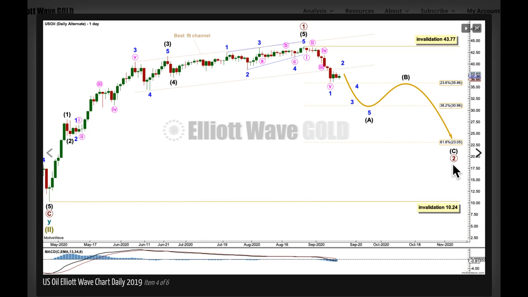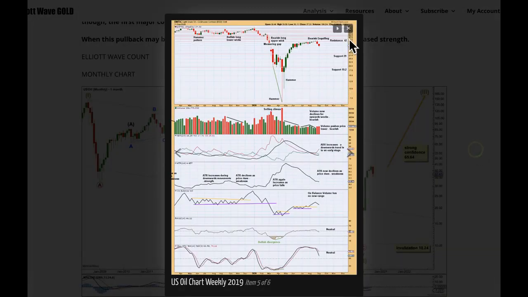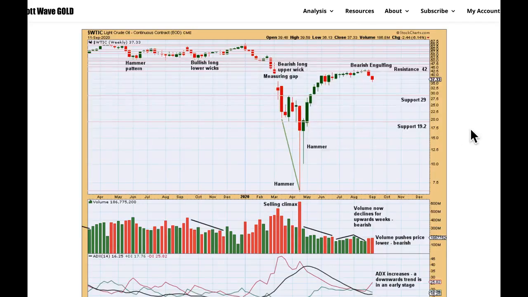And rather than just making a note of this in my text analysis for you, I wanted to show you what it looks like at the daily chart level. At the weekly chart level, another downward week with some increase in volume adds some confidence that we have at least a short-term high in place.